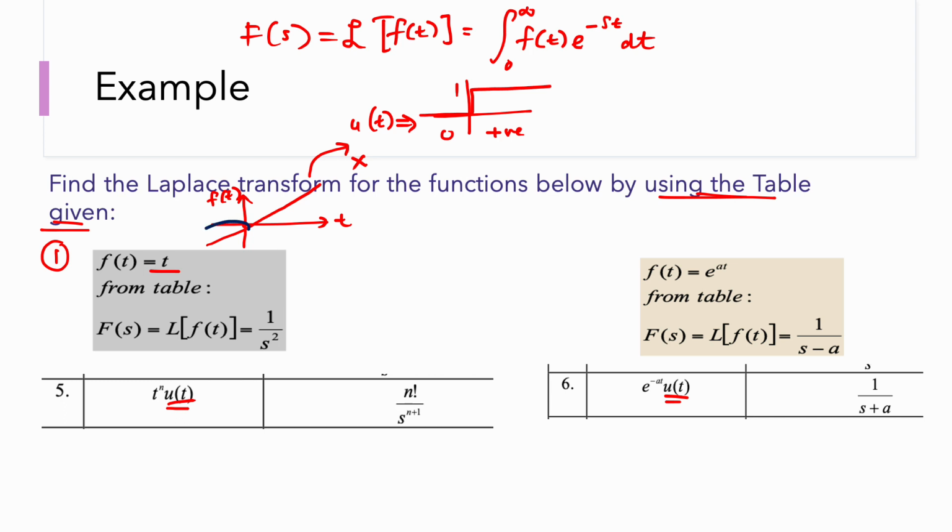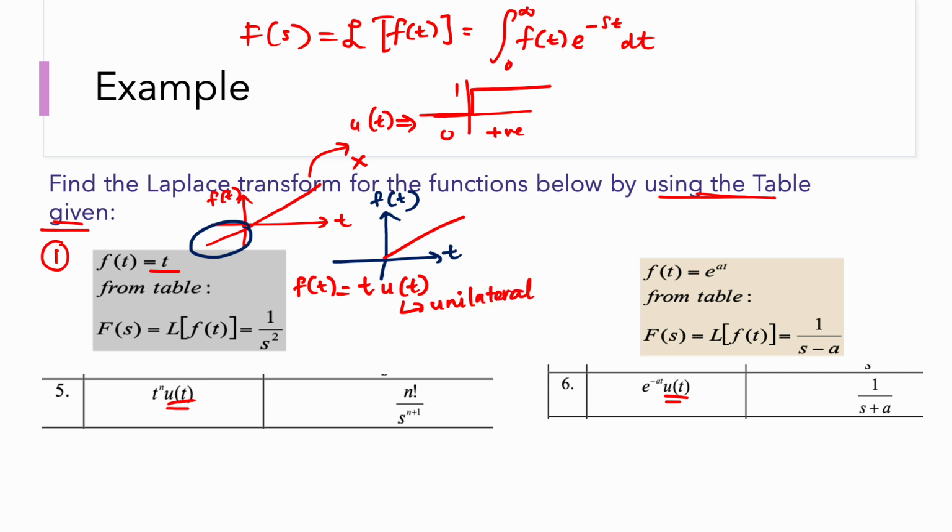Therefore, this negative part will be eliminated, and it will leave us only the positive side of the graph. So now our equation is going to be t u(t), and this is called a unilateral function.